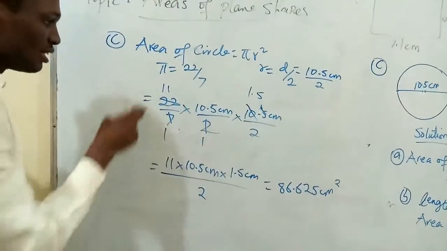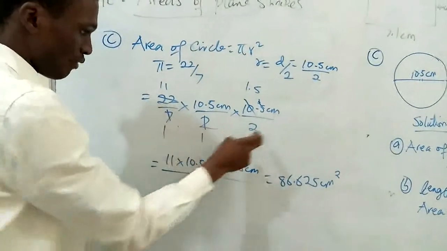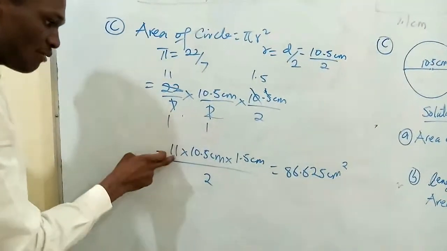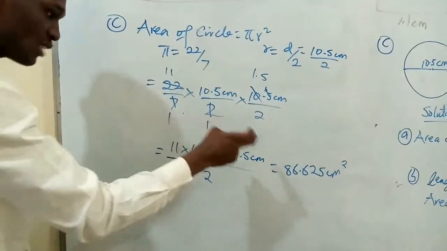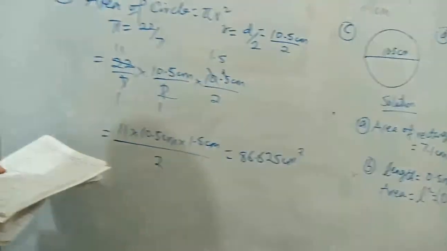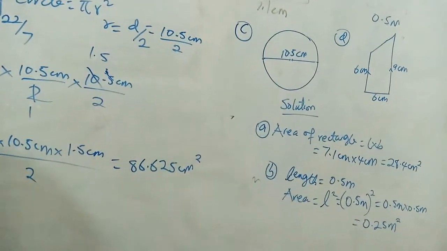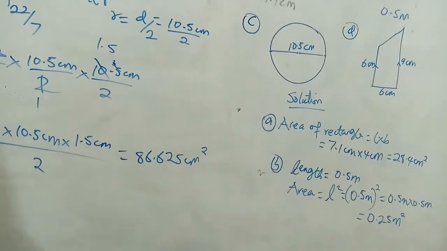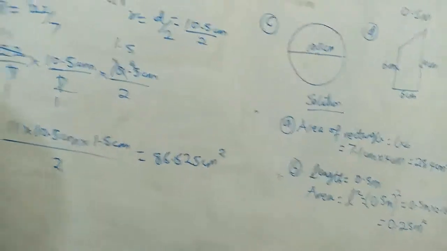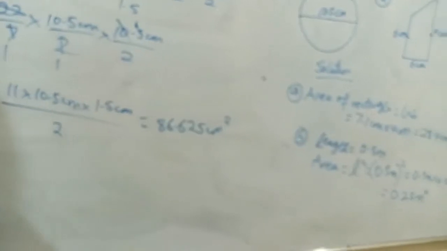So what is left? 11 times 10.5 times 1.5 all over 2. We multiply that out and divide by 2. We have 86.625 centimeters squared. So the area of our circle of diameter 10.5 cm gives us 86.625 centimeters squared.